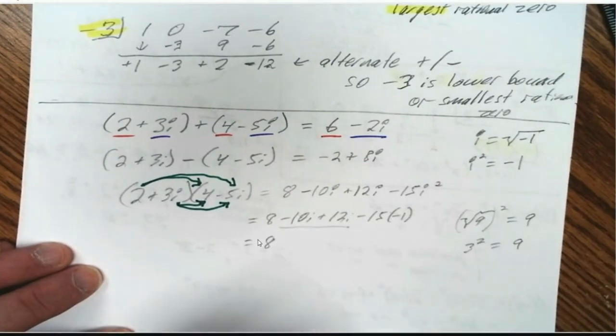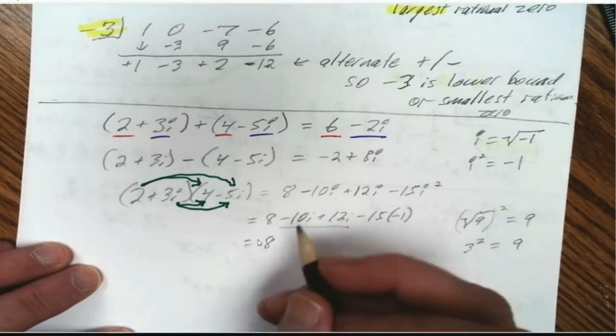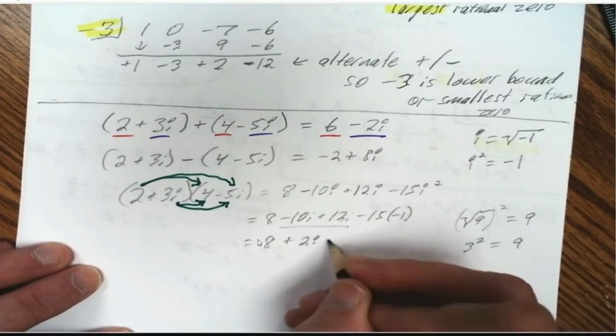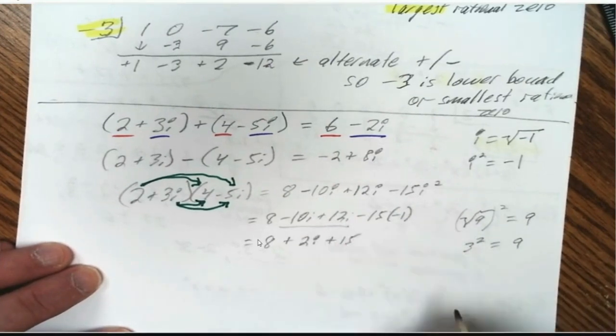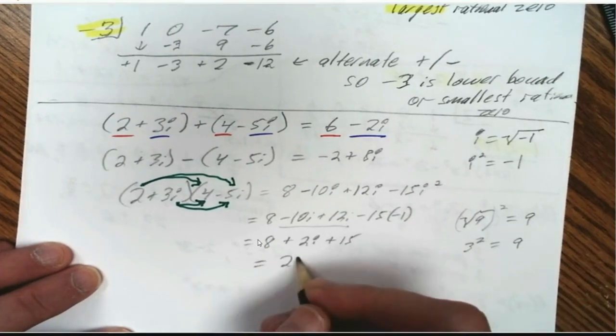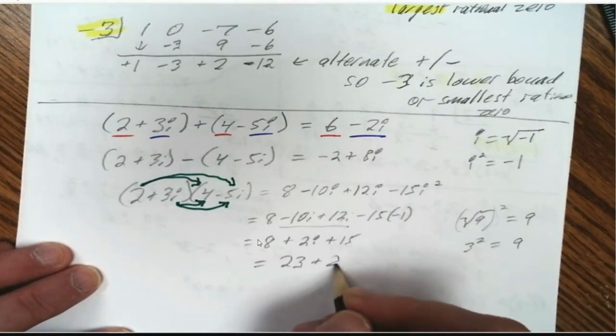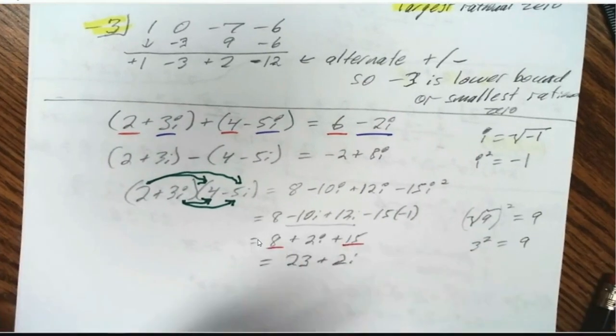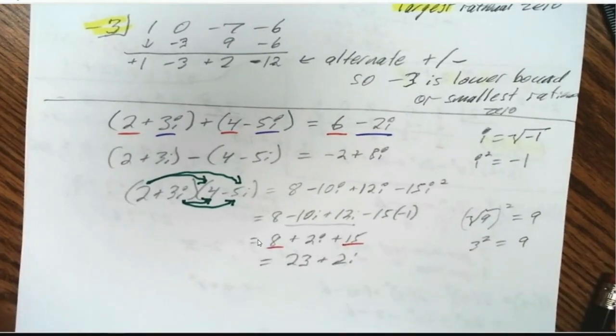These are like terms, negative 10i plus 12i is 2i, minus 15 times negative 1. So our final answer is 23 plus 2i, because now this is a real number, and real numbers combine. So 23 plus 2i.